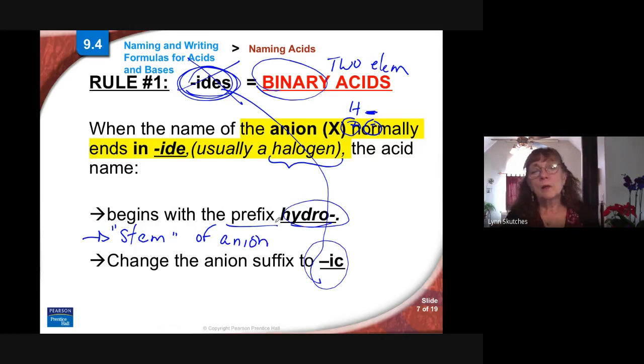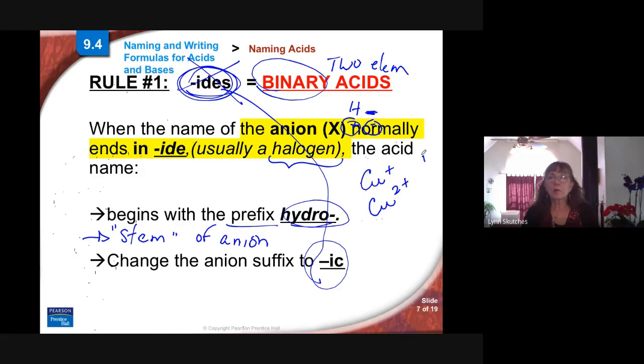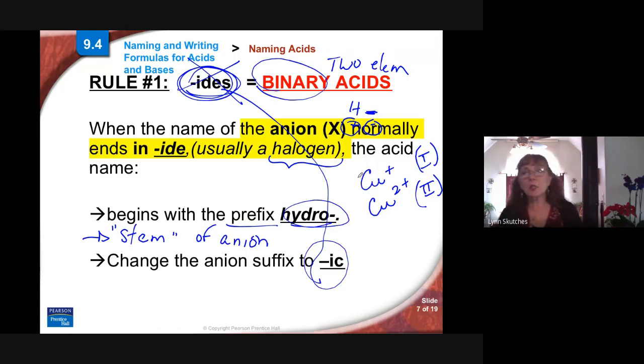Okay. A couple things I want to just mention here also real fast for those of you that recall, we learned that for transition metals that can have more than one charge, like copper, we write Roman numerals. Okay, that's all you have to do for this class. Okay, if it has a +1 charge, it's copper 1. If it has a +2 charge, copper 2. The classical system calls this cuprous, and this one cupric.